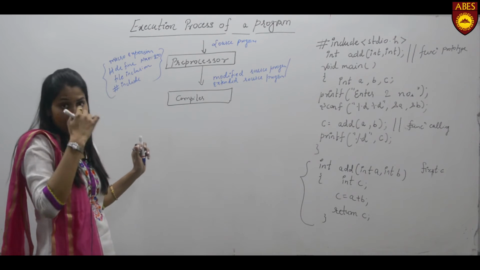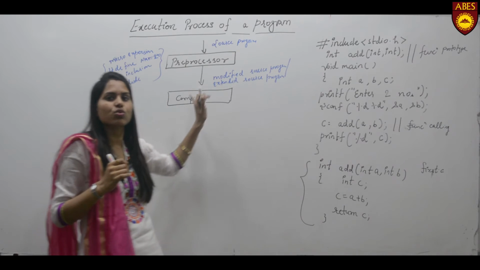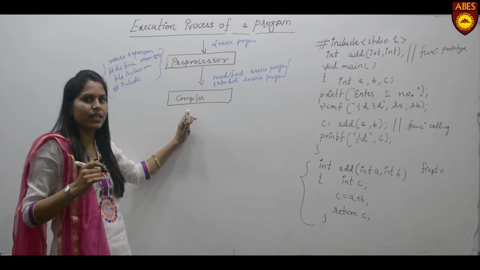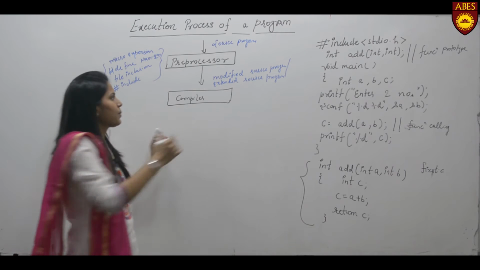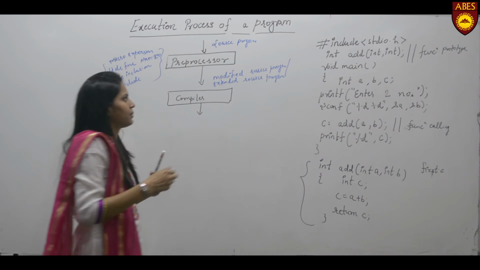We have got the modified source program. Now it goes to compilation. What does the compiler do? The compiler converts the modified source program into assembly code.